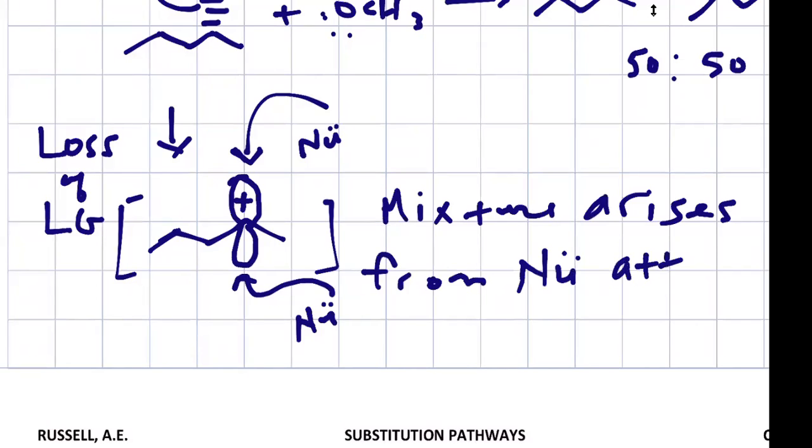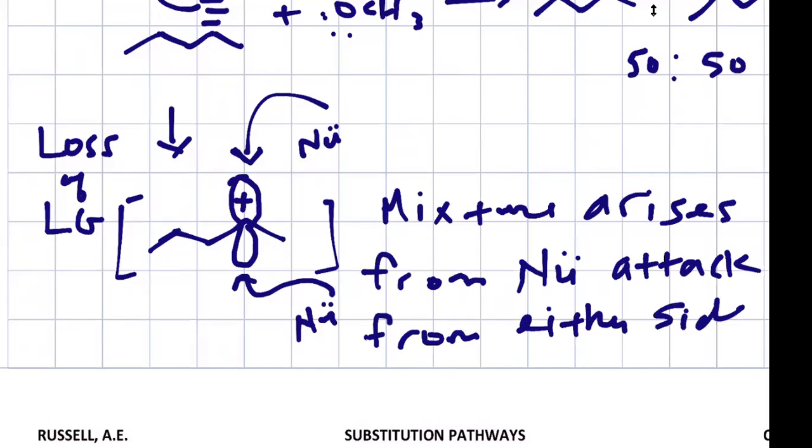So I'm going to write that the nucleophile can attack from either side or either face of the p orbital. I'll say either side.